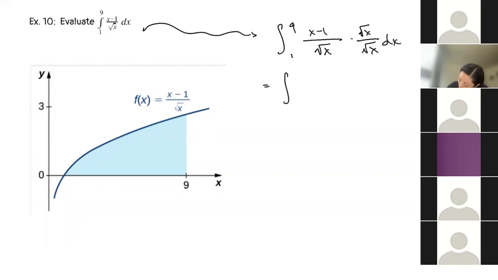And that would give me x minus 1 times the square root of x over x. So conjugates is a mathematical strategy, but I'm not sure that it makes it better in this case.